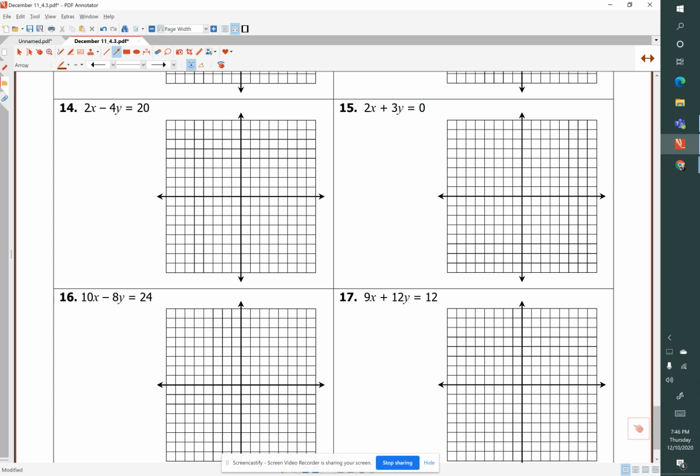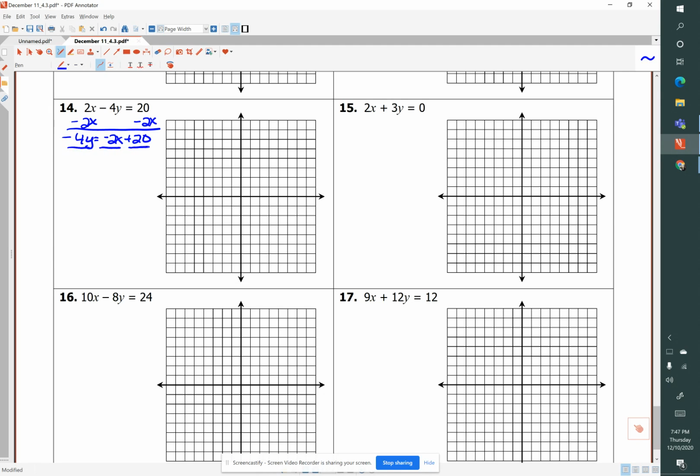Okay, let's see how you did. First, we'll put number 14 in slope-intercept form. We will subtract 2x from each side of that equation to give us negative 4y equals negative 2x plus 20.